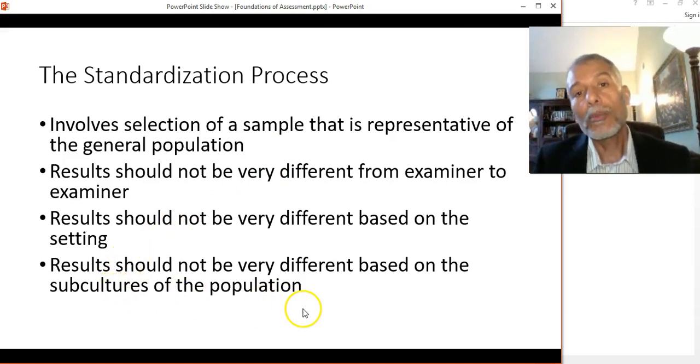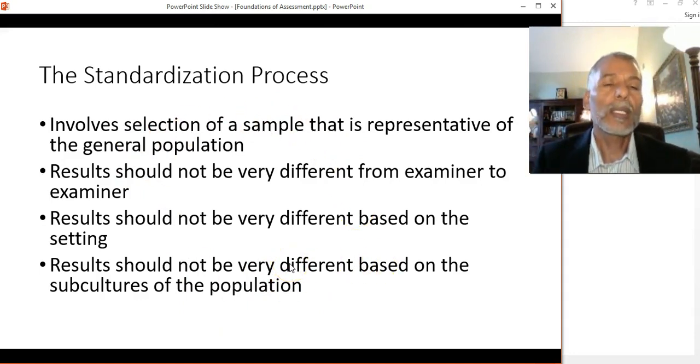So the results shouldn't be different. For example, if you get these tests standardized on how people use the language in California, Florida, Texas, Massachusetts, in different parts, then anyone who takes that test is expected to perform like everyone else.